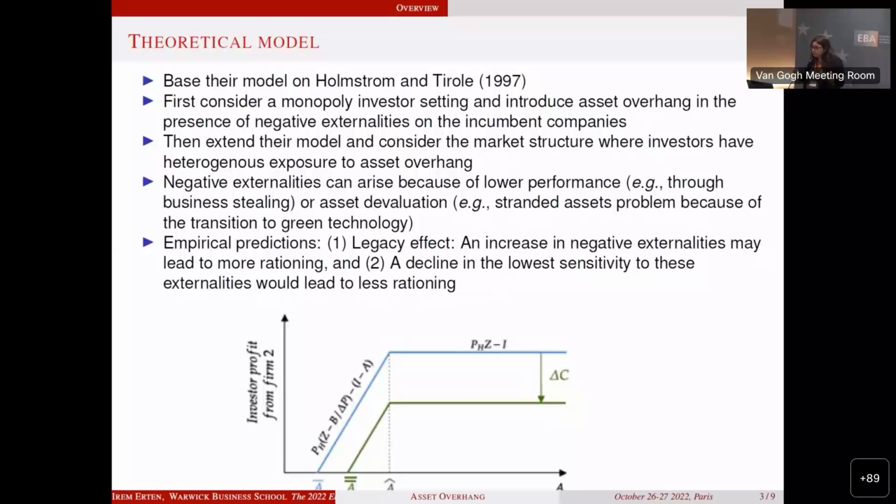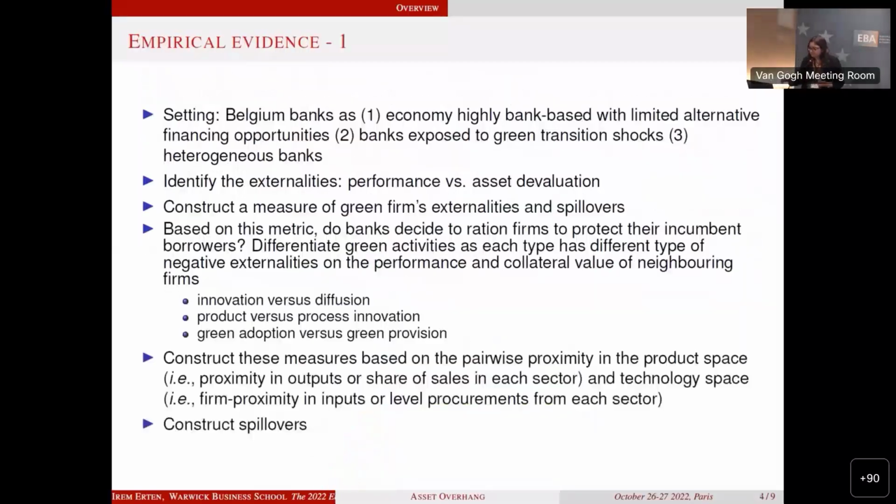And that can also arise due to lower performance as well as asset devaluation. And the key empirical prediction comes from this legacy effect. An increase in negative externalities will lead to more rationing. So banks will be more likely to ration borrowers that will have this negative externality.